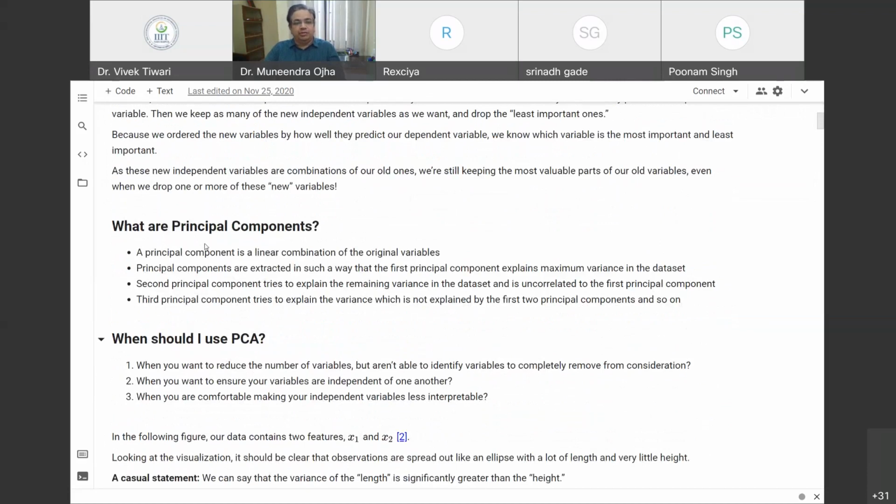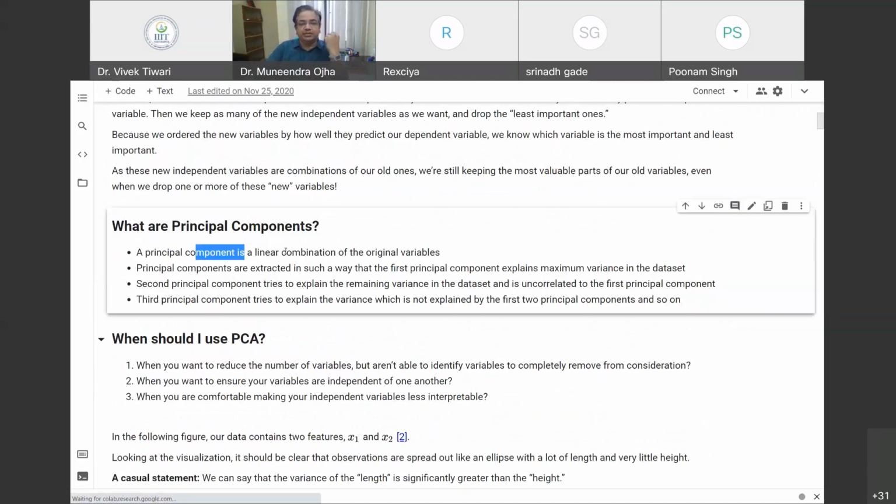Now, what are principal components? Whenever we talk about principal component analysis, as the name suggests, it is analysis of principal components. So, what are principal components? A principal component is a linear combination of original values. First of all, this thing should be very clear in everybody's mind: a principal component is nothing but a linear combination of existing features.